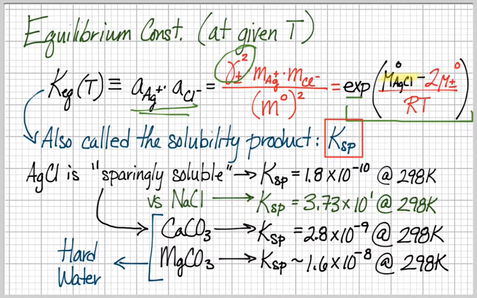So just pointing out another part of your everyday lives, when you have hard water, what you're dealing with is a relatively small solubility product for ions in solution and a relatively high concentration of magnesium, calcium, and carbonate that end up precipitating out in your sinks or bathrooms and the like.